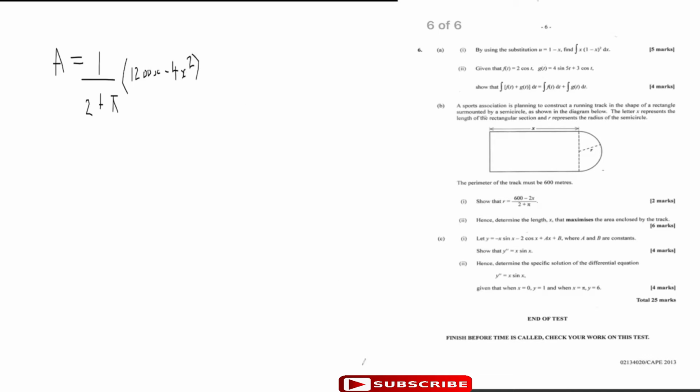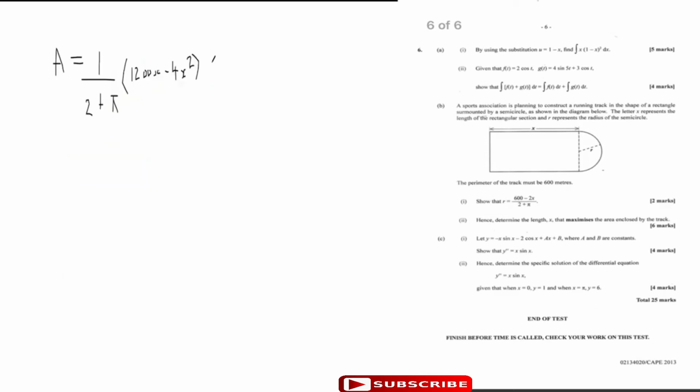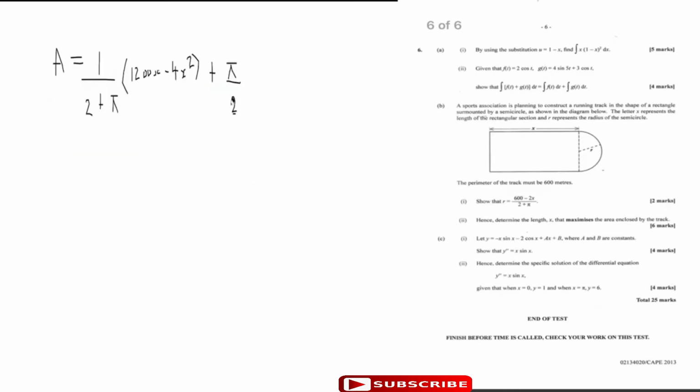Just prettying it up, and this part now I'm going to pretty it up as a half pi times 2 plus pi squared. I'm just going to write this as plus a half pi, that's really pi over 2, and then this 2 is multiplied by, I'm going to change the denominator to 2 times 2 plus pi all squared.